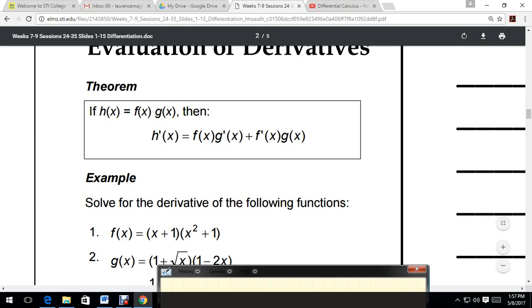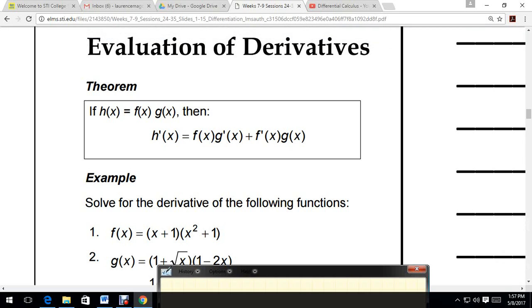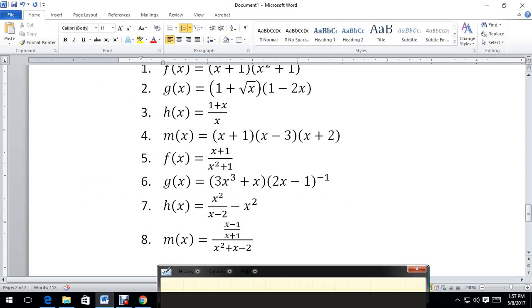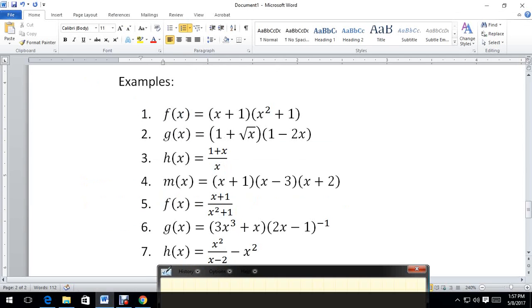Now, just like any skill, in order for us to fully appreciate this technique, let us apply it to certain examples. Let's have example number 1.